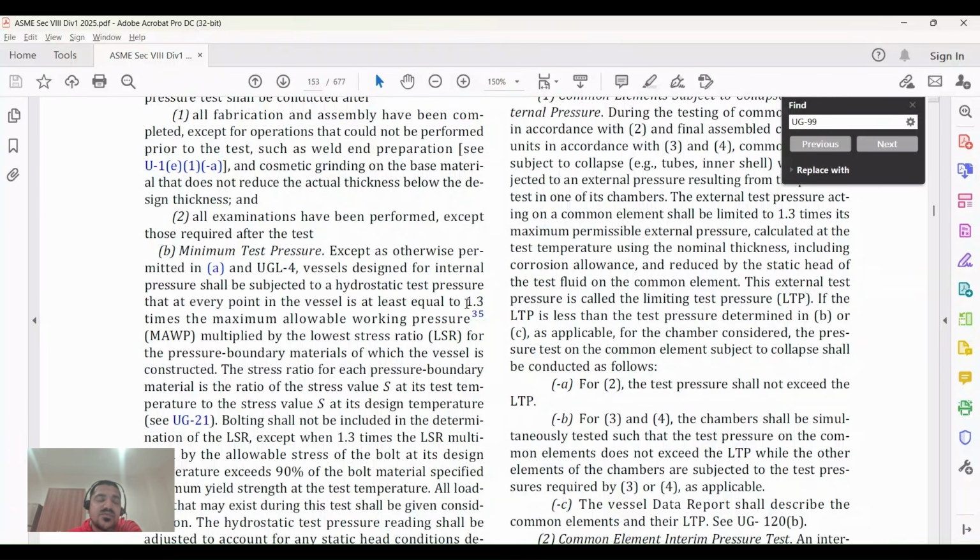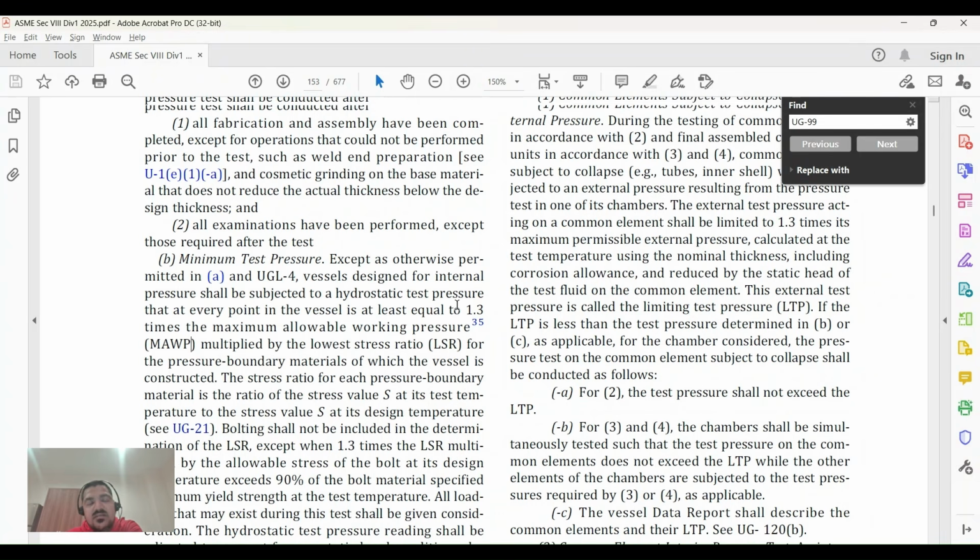People in the industry these days say it is 1.5 times the maximum allowable working pressure, that is MAWP. But it is not like that.